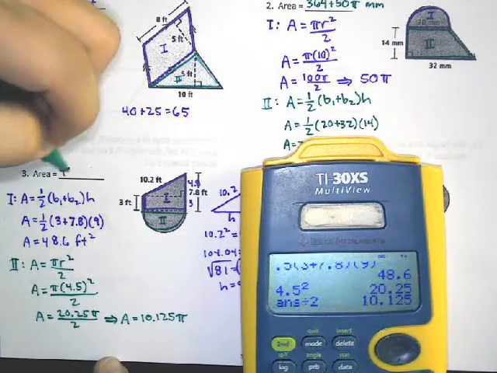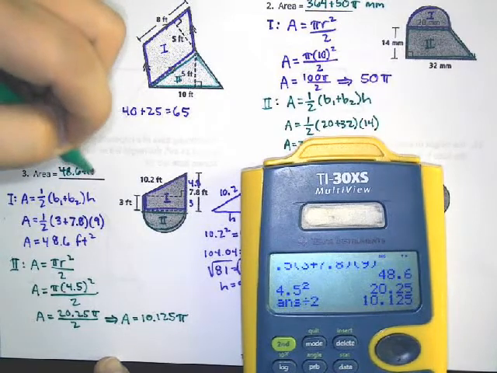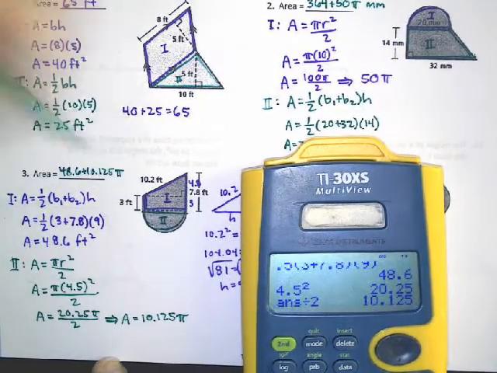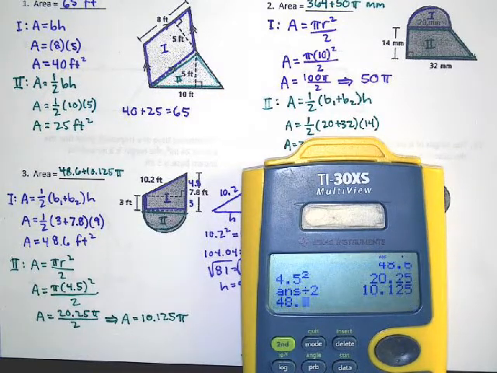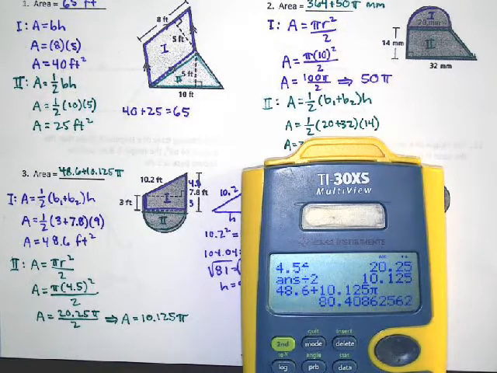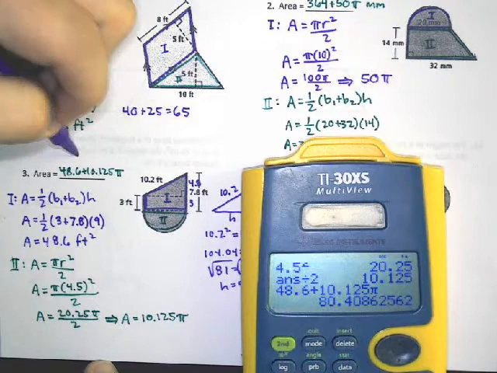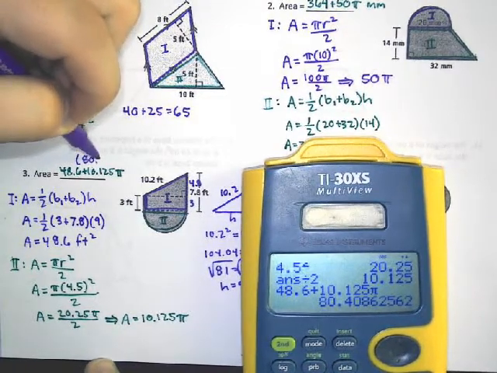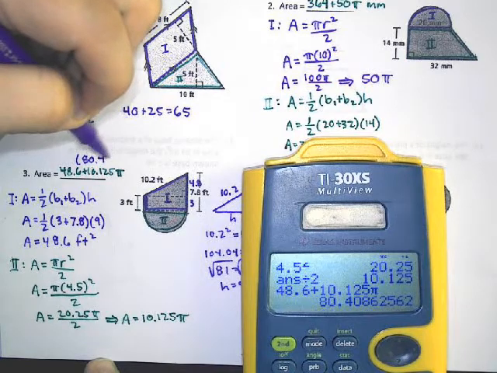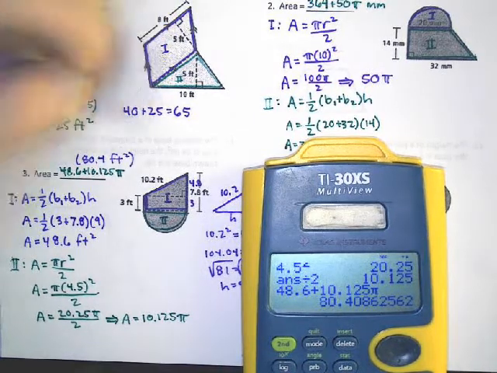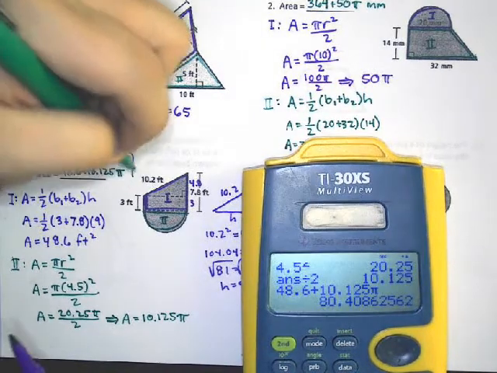I'm okay with it. Remember what else you can do, though? You can always punch it in and decimal approximate. So 48.6 plus 10.125 pi, 80.4. And what were our units here? Feet squared. I should write that for this one, too.